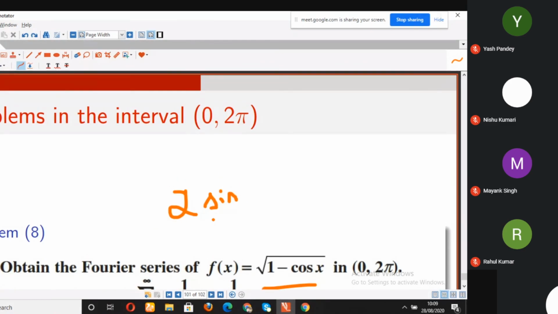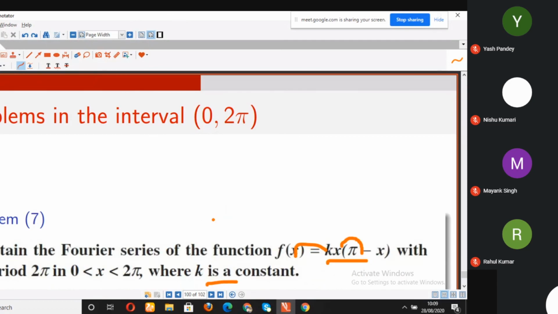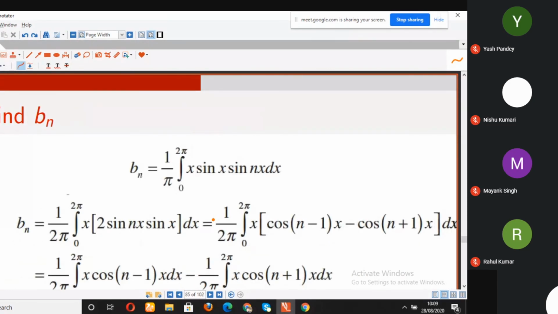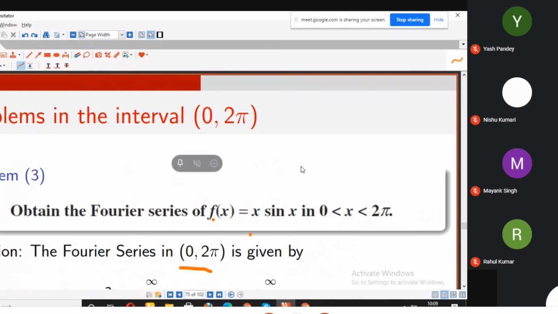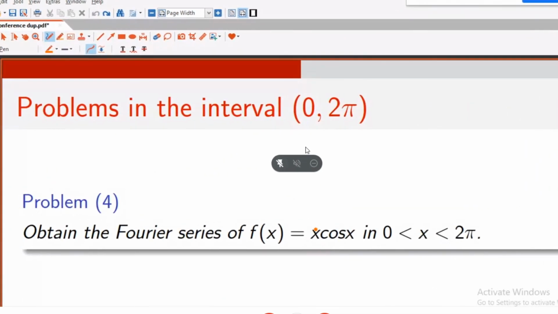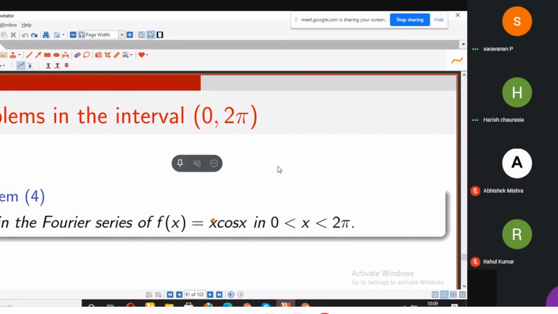I would like to receive feedback about how the class is and whether this method works for you, or you need something more. Can any one of you tell me? Yes, sir. The method is very good and understandable too.